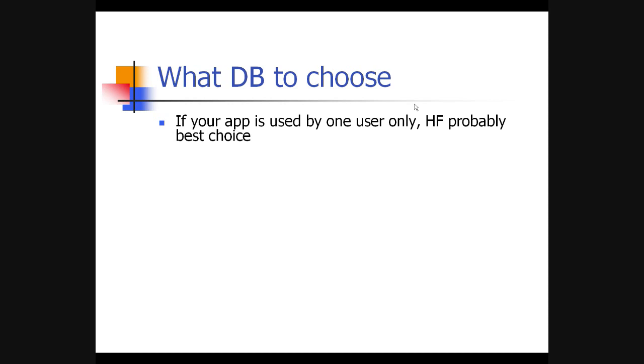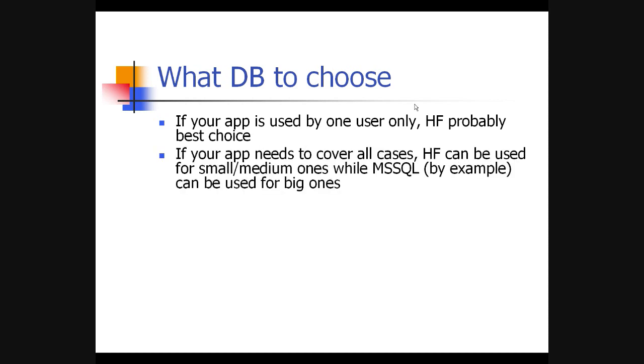If your application is used by one user only, Hyperfile is probably the best choice because it's going to be simple to manage and it's going to be normally fast enough to accommodate your need. Now, if your app needs to cover all the cases from one user to 5,000 users, Hyperfile can be used for small and medium ones. 50 plus users is manageable without any problem in a Hyperfile client server, for example.